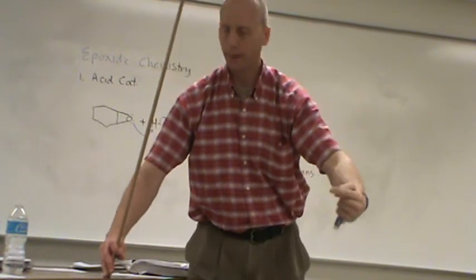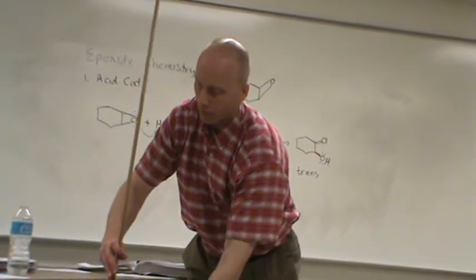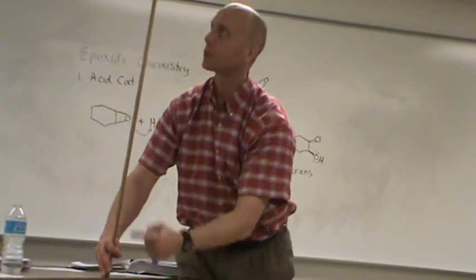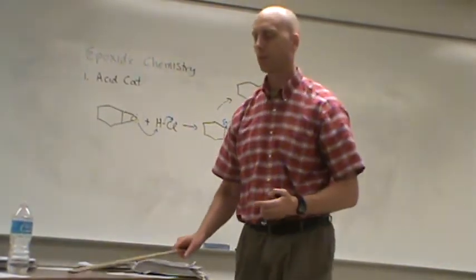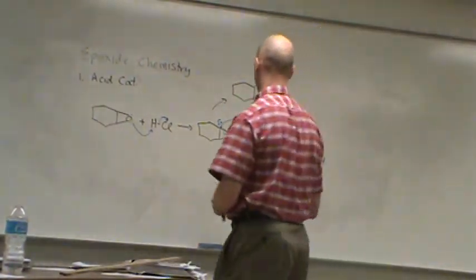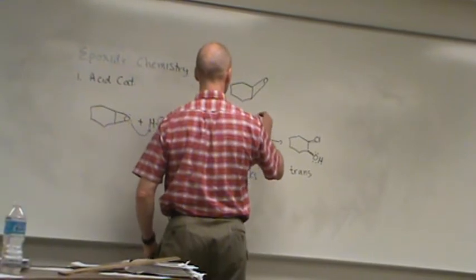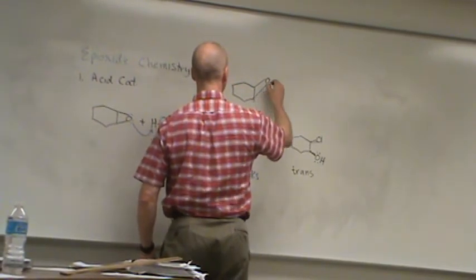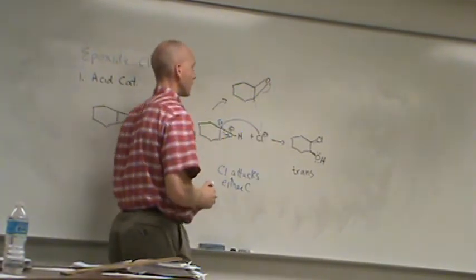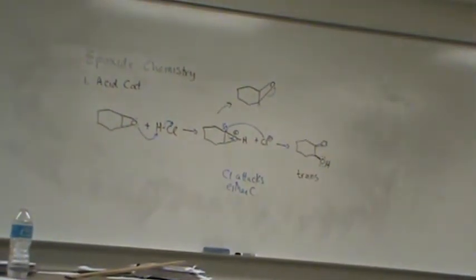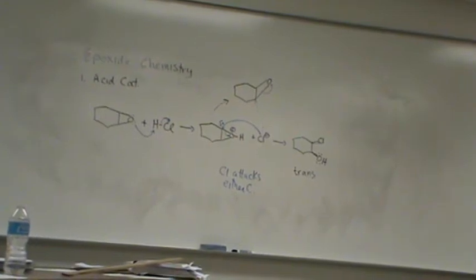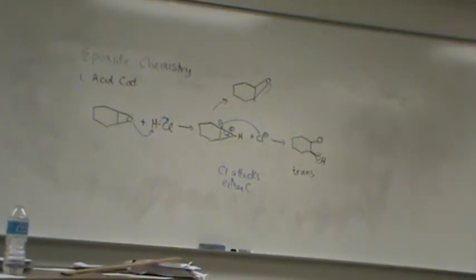So the chlorine, when it comes in, it's coming underneath on the opposite side of that oxygen. So that's why they end up trans to each other. Okay? So that's why you get the trans relationship. That ring is sticking straight up. It's not in the same plane as the cyclohexane.